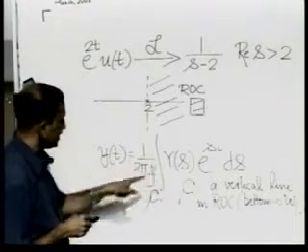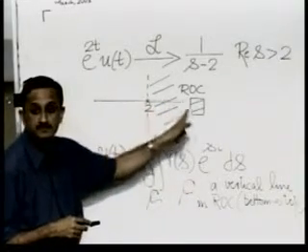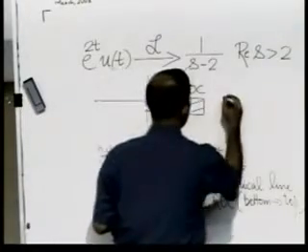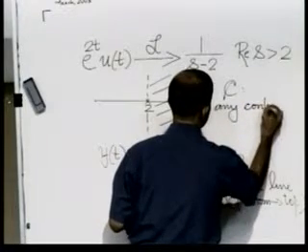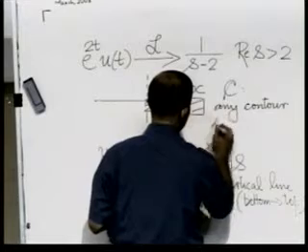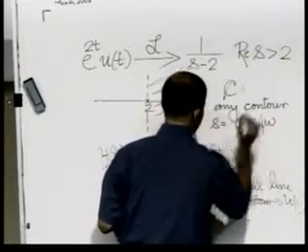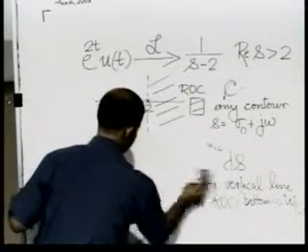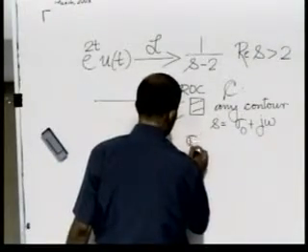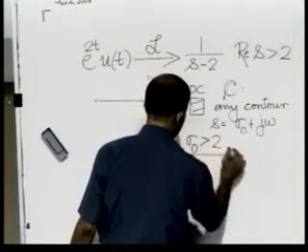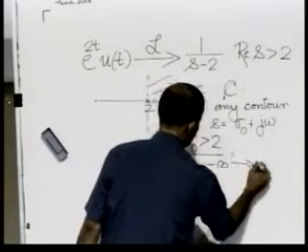Now, what does this expression tell you, or what could be a possible C here? Any vertical line here. That means C could be any contour s equal to sigma 0 plus j omega, where sigma 0 is greater than 2, a real number greater than 2, and omega runs from minus infinity to plus infinity.